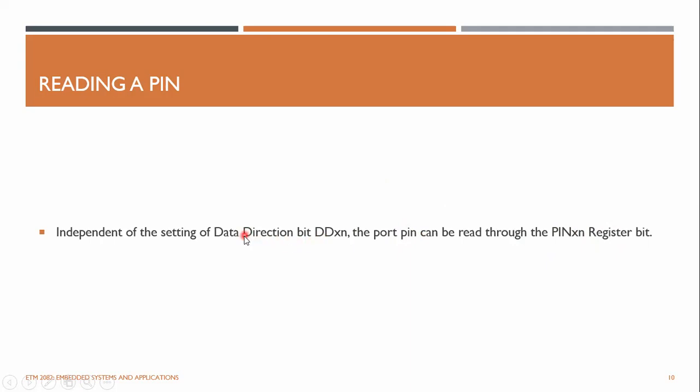It doesn't need to be an input. If it is an output, you can also read it and verify the value written to that register. It could be either input or output. Whatever the value on that pin, whether it is 5 volt or 0 volt, you can read that voltage or logic value from the PINX register.